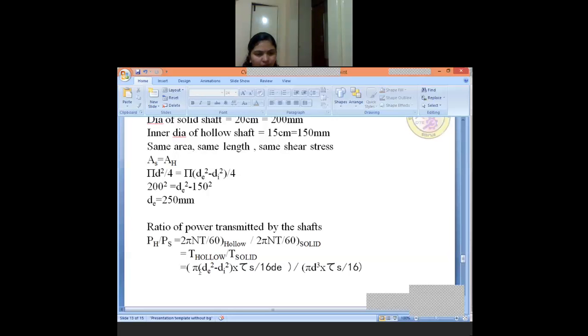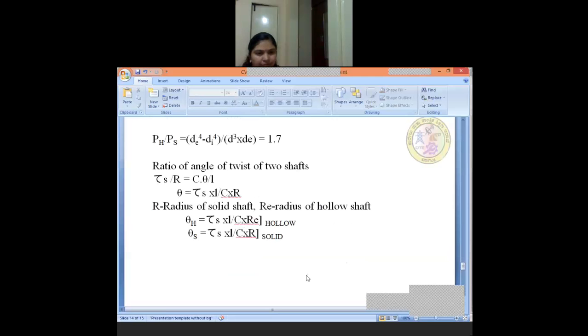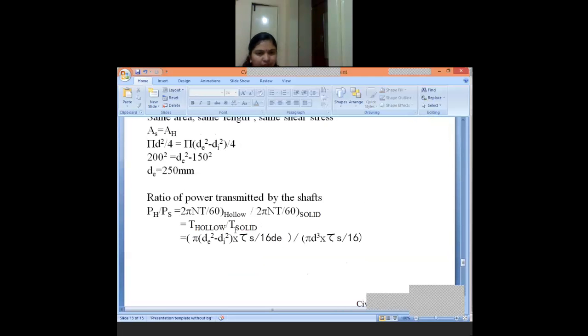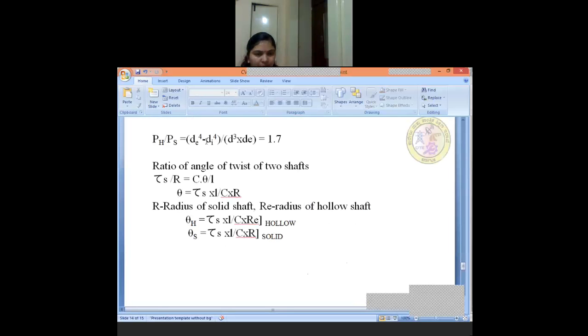So P hollow by P solid is equal to the torque in terms of shear stress. For hollow it is π by 16 into (DE⁴ minus DI⁴) by DE into τ, and for solid it is πD³ by 16 into τ.